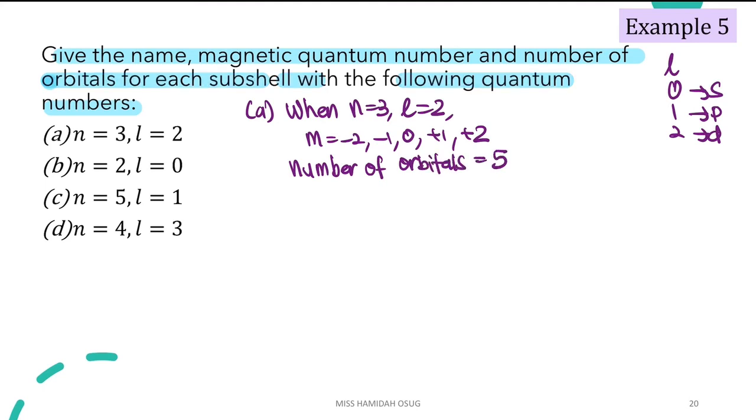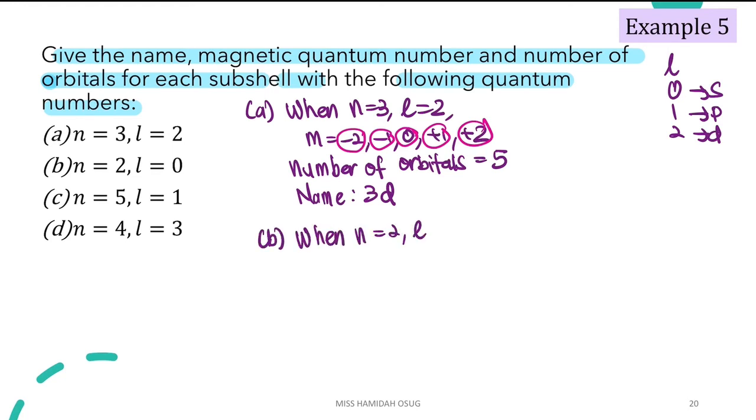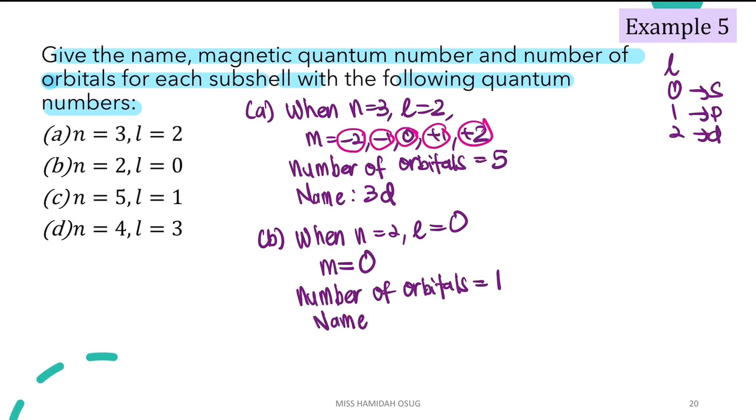Meaning to say there is a total of 5 orbitals there, and the name of the orbital is 3d. Next, for question B, when n is equal to 2, L is equal to 0, therefore m should be 0. So the number of orbitals there is only 1, and the name of the orbital is 2s.